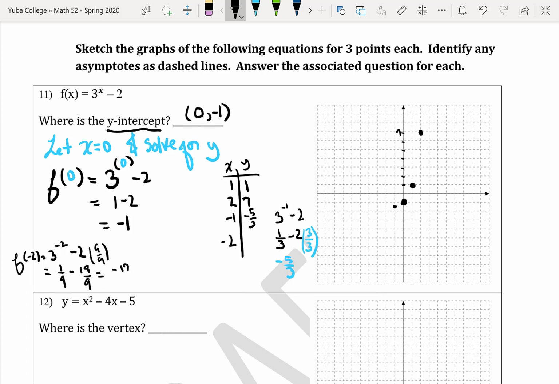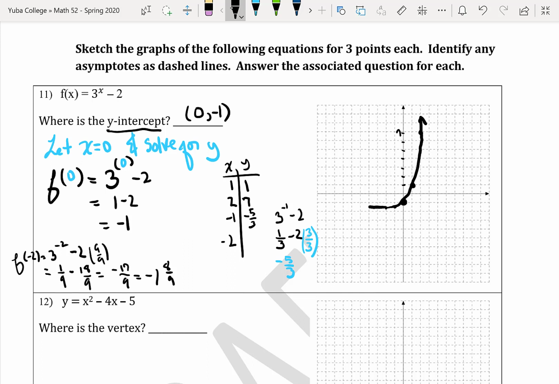So I know what the shape of 3 raised to the x power is, and so just that -2 is going to give me the general shape. Like I said, it was shifted down 2 units. So what's happening is this graph is getting closer and closer to the y value of -2 as x goes off to -infinity.